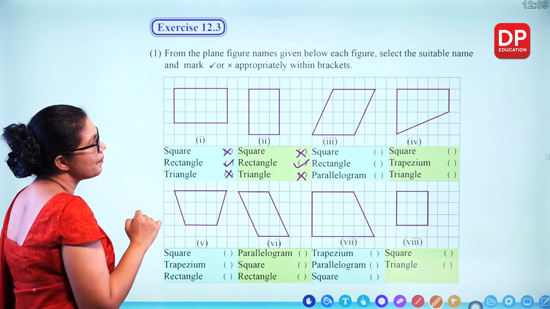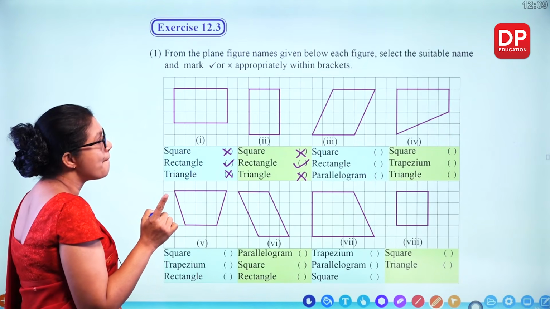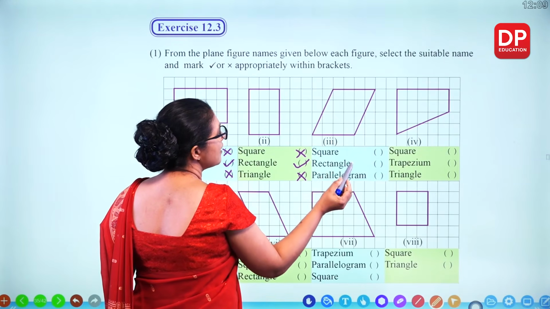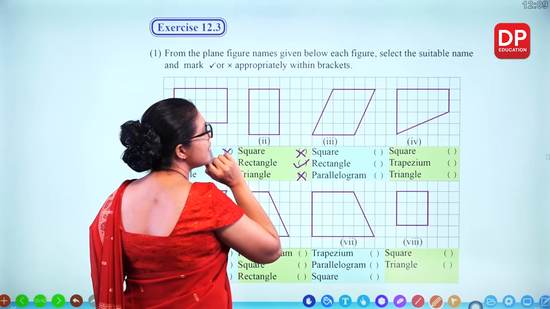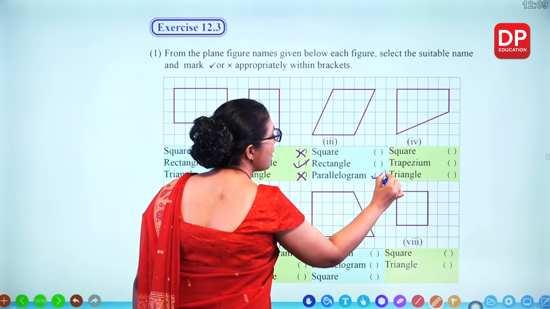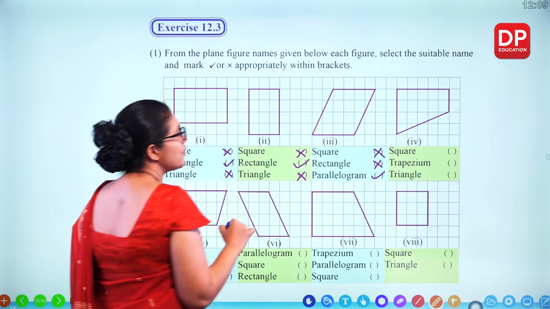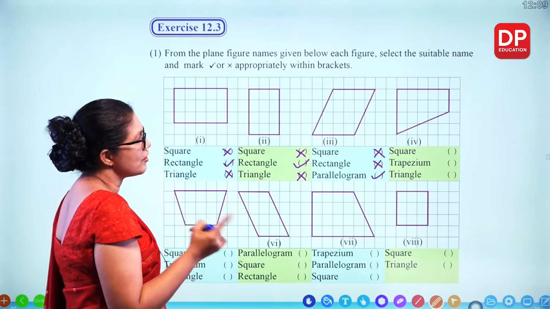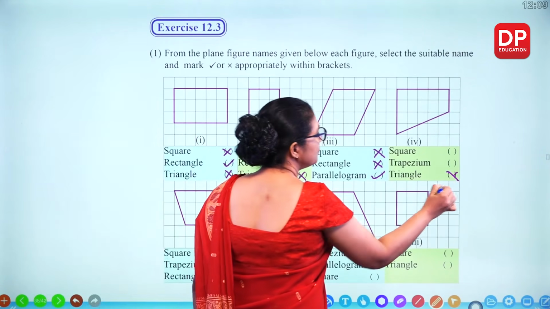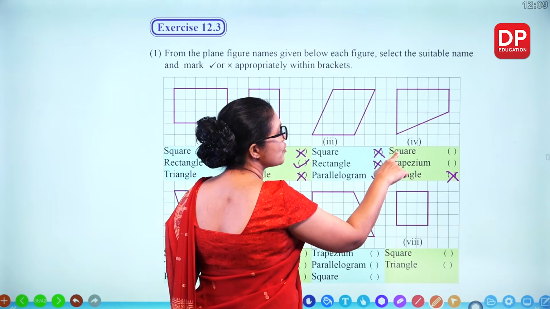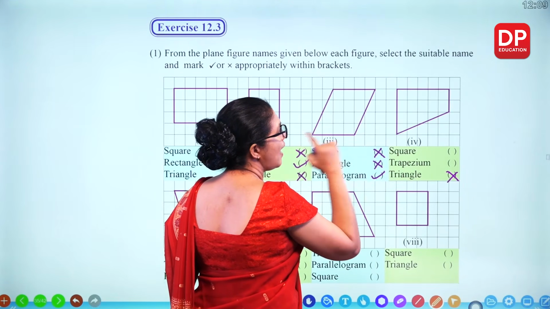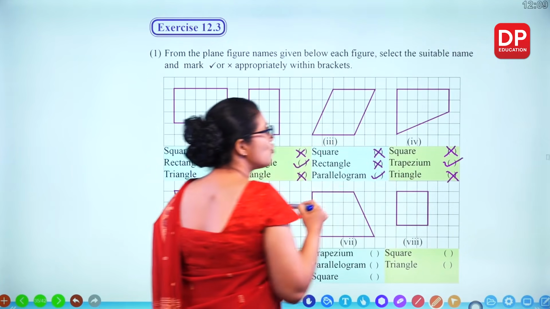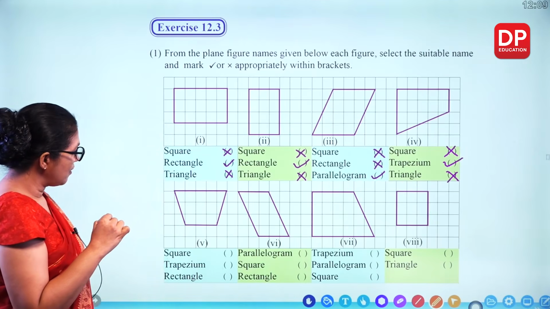Third one, it's a parallelogram, not a rectangle or square because not 90 degrees each. So that's a parallelogram, not these. Other one, four-sided figure, not a triangle. Trapezium or a square. Square, all sides are equal and 90 degrees, so not a square. This is a trapezium. Look at this one.